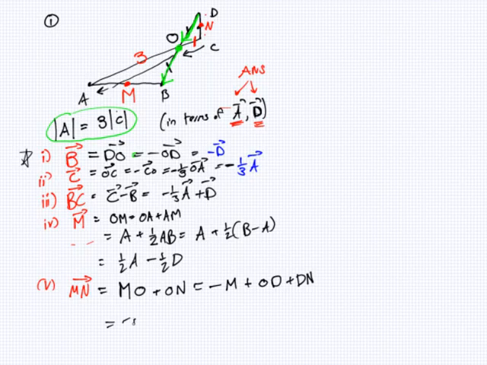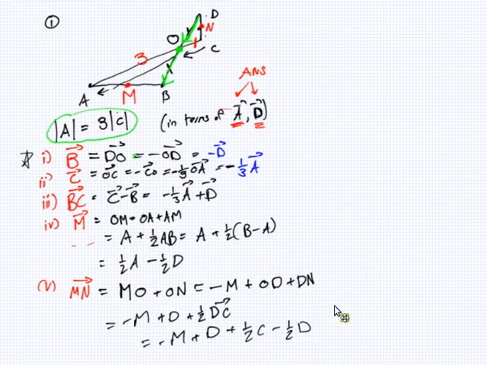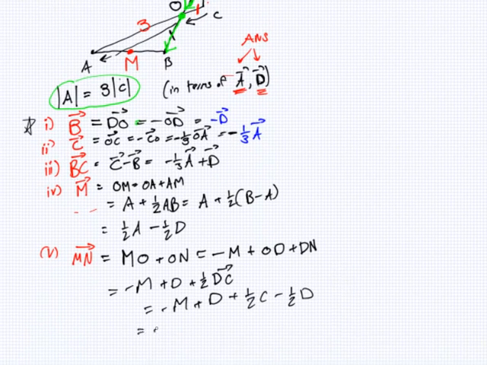Which is minus M plus D plus a half DC, which is minus M plus D plus a half C minus a half D, which is minus M plus a half D plus a half C.